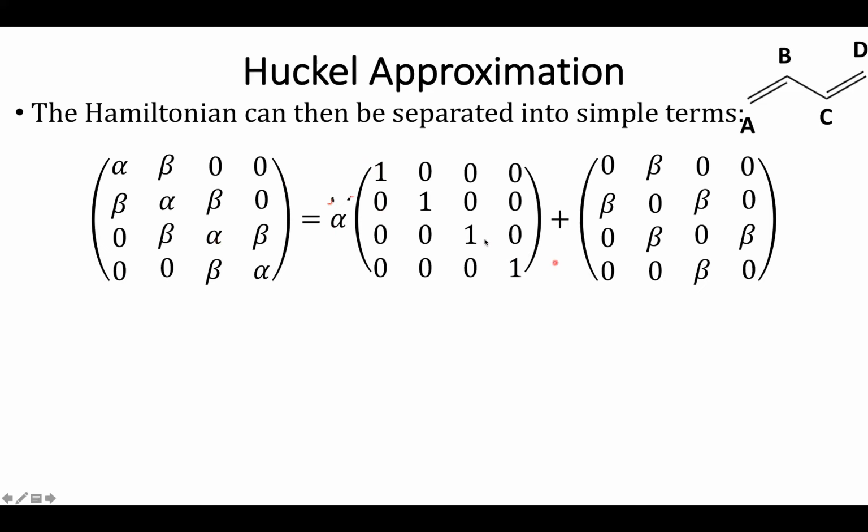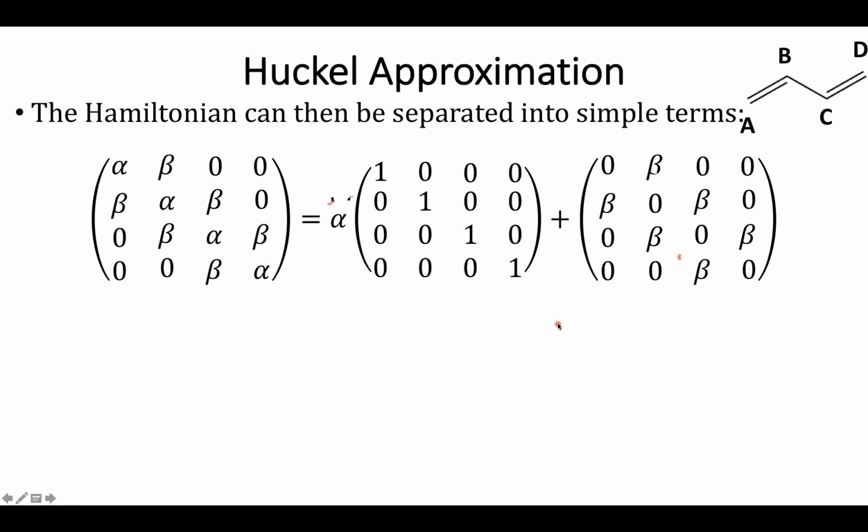And then all this leaves behind is going to be my resonance integrals, which, because I'm making the Hückel approximation, only occur on these adjacent elements. So what we can then do is, first of all, realize that this is the unit matrix, and then second, realize that the only elements in my resonance integral form are the resonance integral itself.